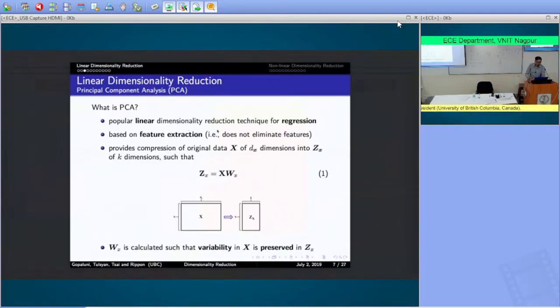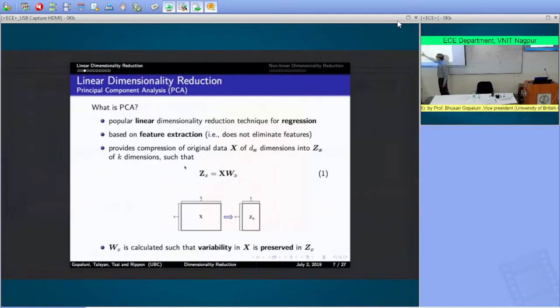PCA is a popular dimensionality reduction technique for regression. It's based on feature extraction. It provides a compression of original data x of dx dimensions into zx of k dimensions. So our original data is in this matrix X. This is the big matrix.